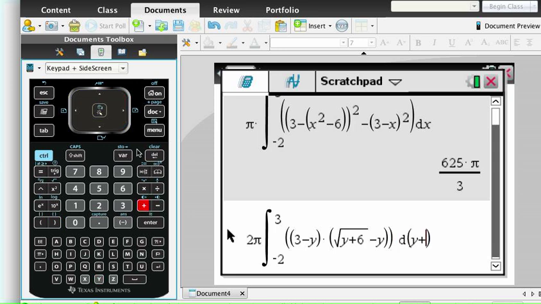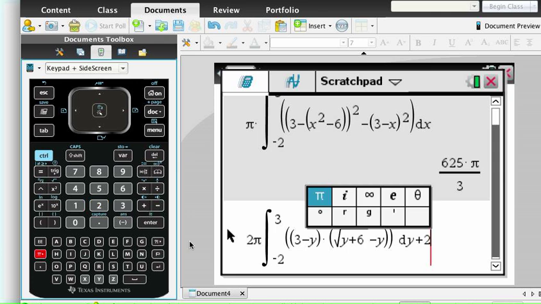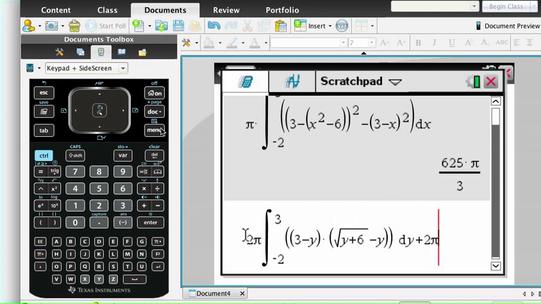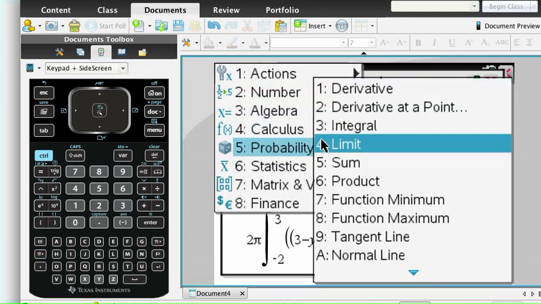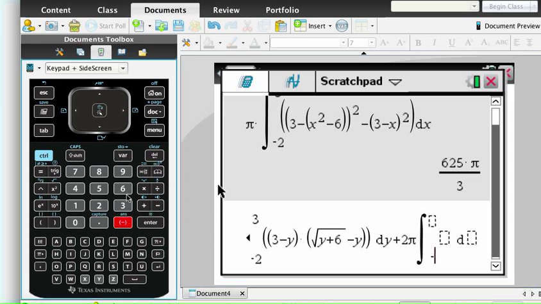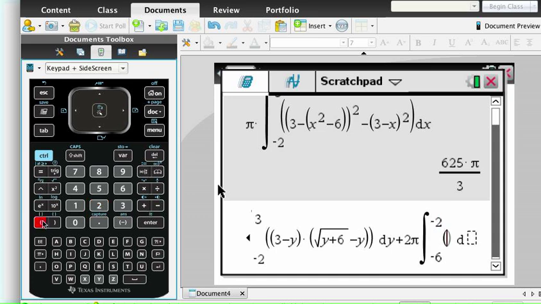Plus, this is not in this part, another 2 pi times the integral from negative 6 to negative 2. And again my radius is 3 minus y. You remember it's a double parenthesis.